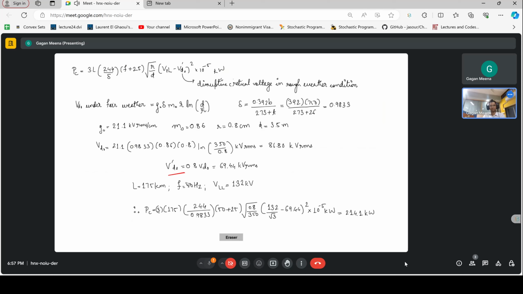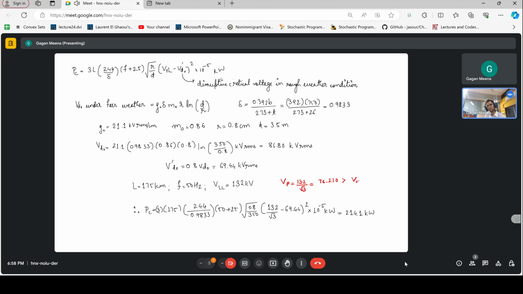So there will be a corona loss. However, if this value is less than VD naught, then there will be no corona loss. In that case, corona loss will be 0. So whenever corona loss is being asked, always first of all check whether V phase is greater than VD naught.